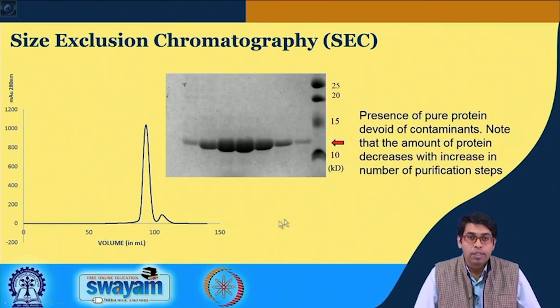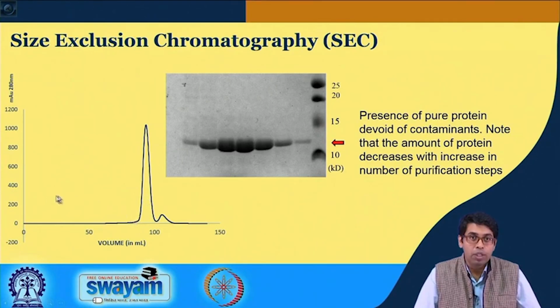So, if the UV absorption is measured as a function of the elution volume, what we see is that a sharp peak appears in this range. So, this is our protein of interest, because at this point of time most of the protein in the solution is our protein of interest.